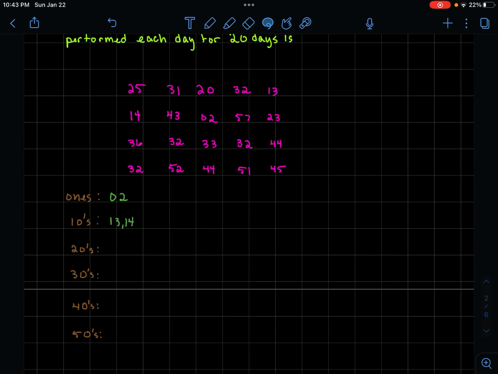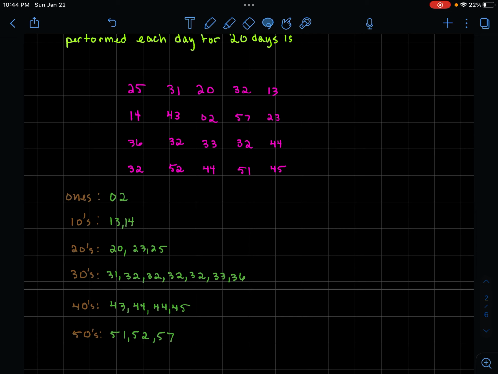For the ones, all we have is just 2. The 10s that we have are 13 and 14. The 20s are 20, 23, and 25. The 30s: 31, four 32s, a 33 and a 36. The 40s, we have 43, two 44s, and a 45. And in the 50s, we have 51, 52, and 57.